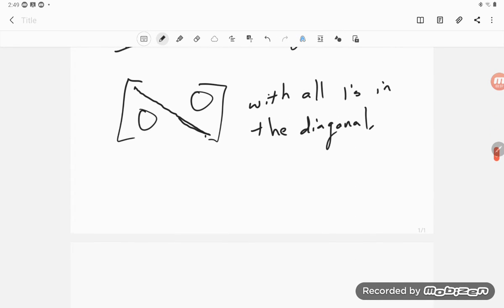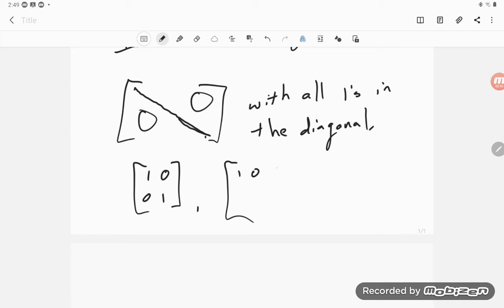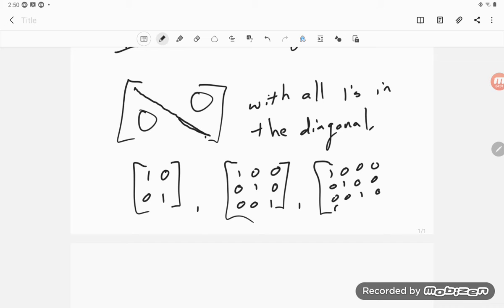Okay, so 1 0 0 1, that's an identity matrix. 1 0 0 0 1 0 0 0 1, that is an identity matrix. And yeah, I'll do one more, what the hey. 1 0 0 0 0 1 0 0 0 0 1 0 and 0 0 0 1 is an identity matrix.